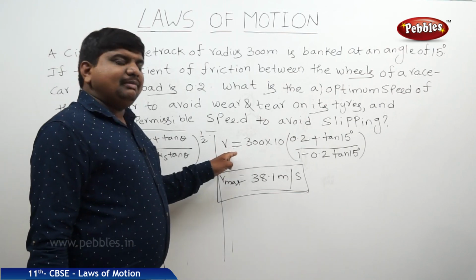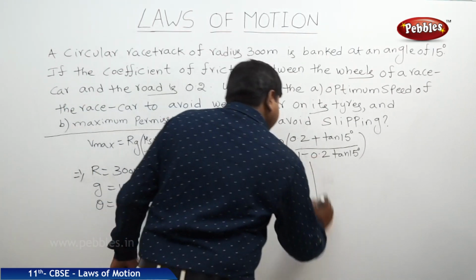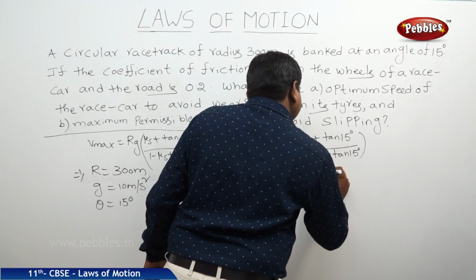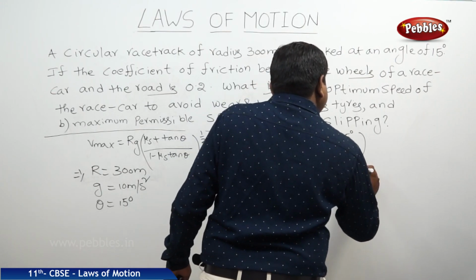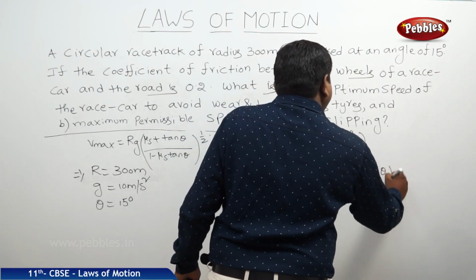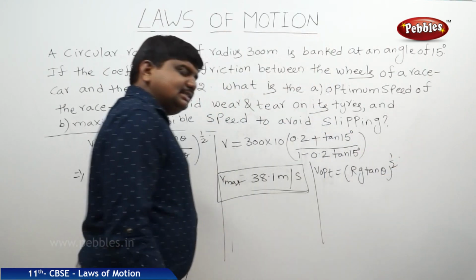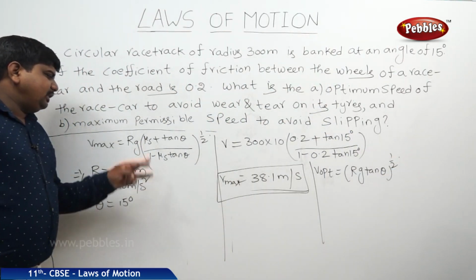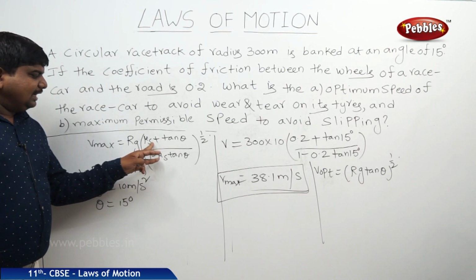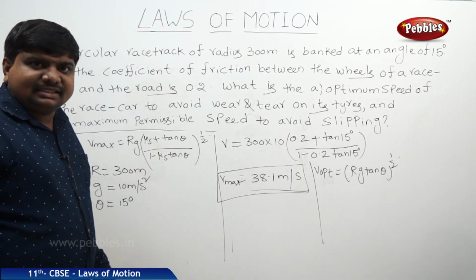But optimum speed means (R g tan theta) whole power half, because optimum speed means we are simply neglecting the mu s in all the cases.